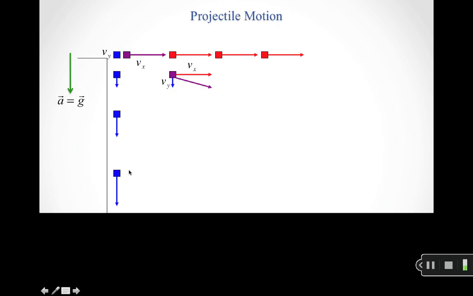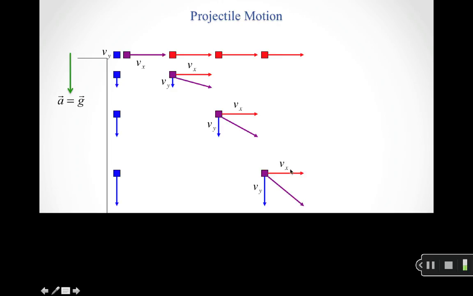that shows my constant acceleration. So as it moves over, now it has the same x component of the velocity as it did when I let it go, but now the y component of the velocity has increased because of the gravitational acceleration pulling the object down. As it goes even farther, x component doesn't change, y component gets larger.